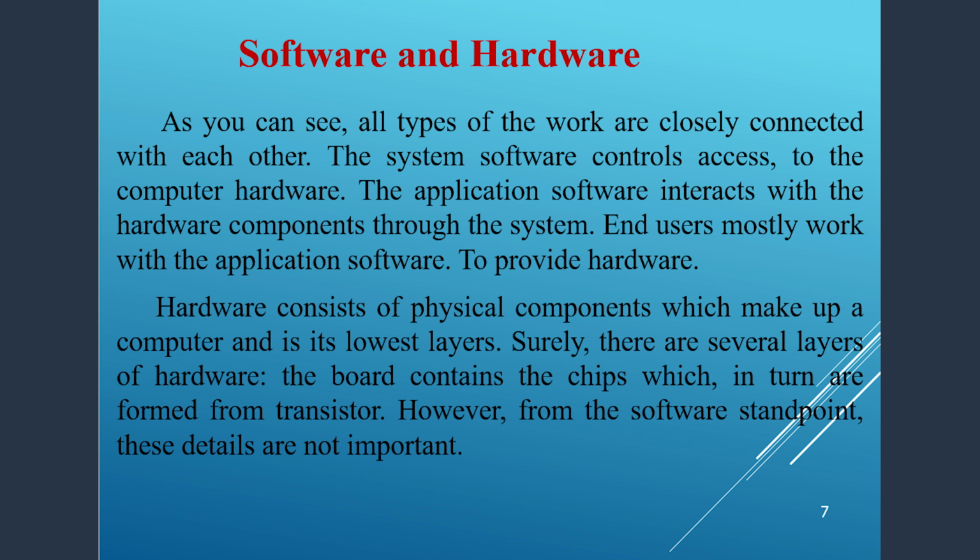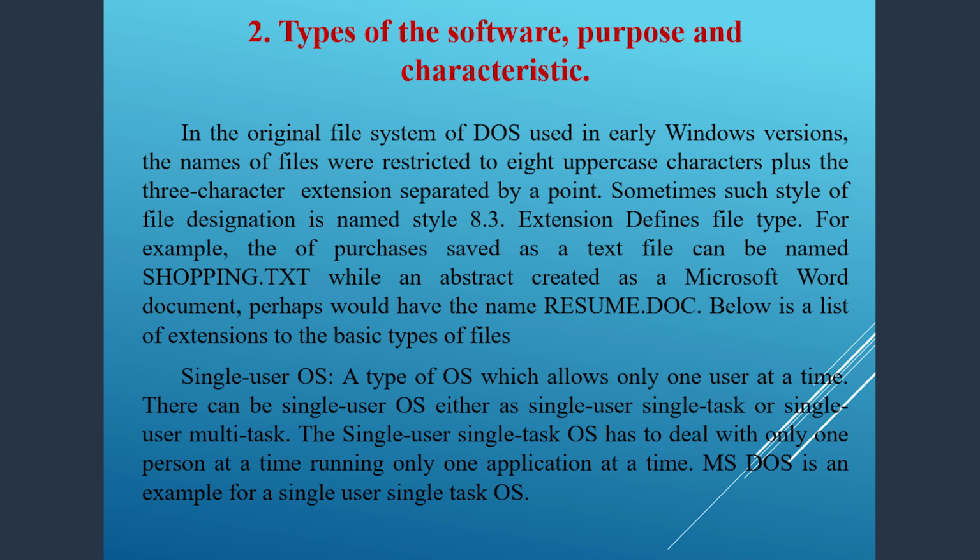But we don't have a diagram, so I will explain it in words. Software and hardware: as you can see, all types of work are closely connected with each other. The system software controls access to the computer hardware. The application software interacts with the hardware components through the system software, and users mostly work with the application software.